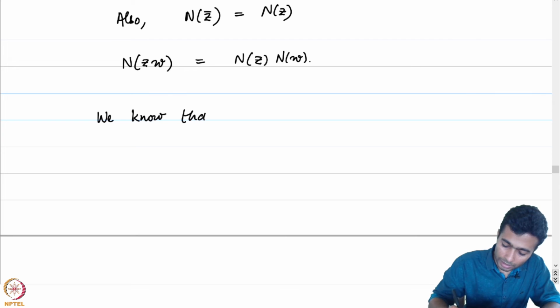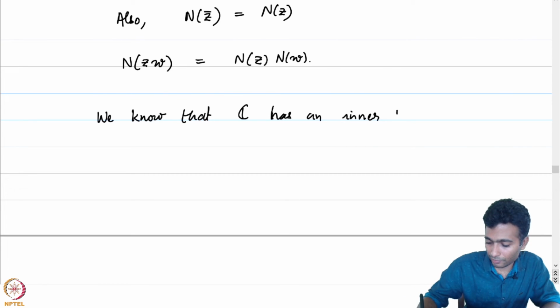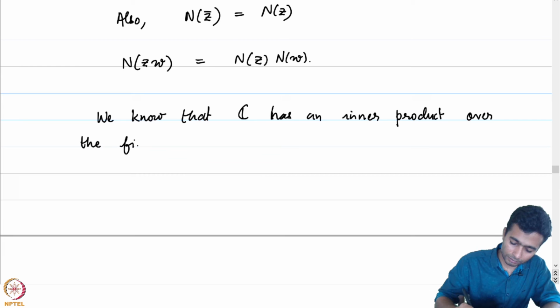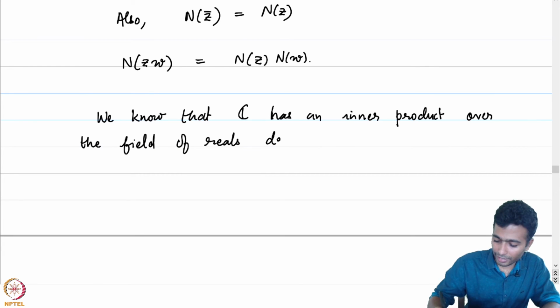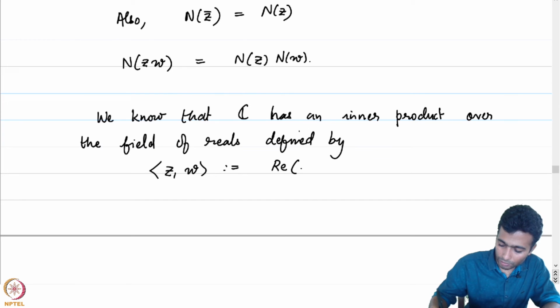We know that C has a real inner product. Maybe I should write it down very carefully. Inner product over the field of reals, defined by the inner product of z comma w, which is defined to be the real part of z w bar.